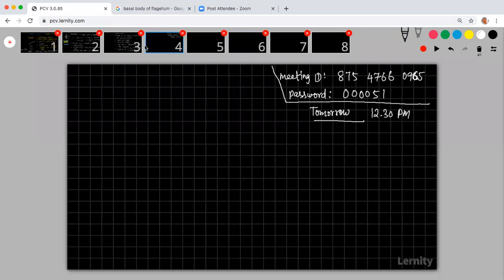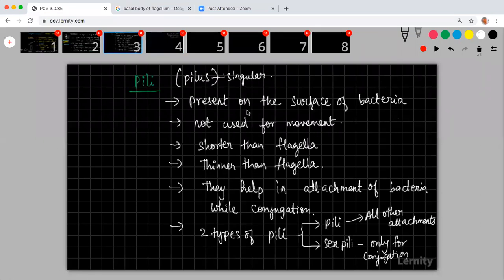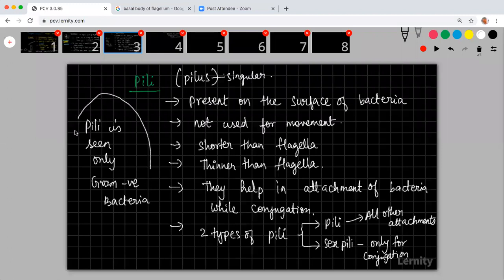Okay, now coming back to our main thing. This is pili. Please note one more important point. Pili is seen only in gram negative bacteria. This is a very important point that you should know.